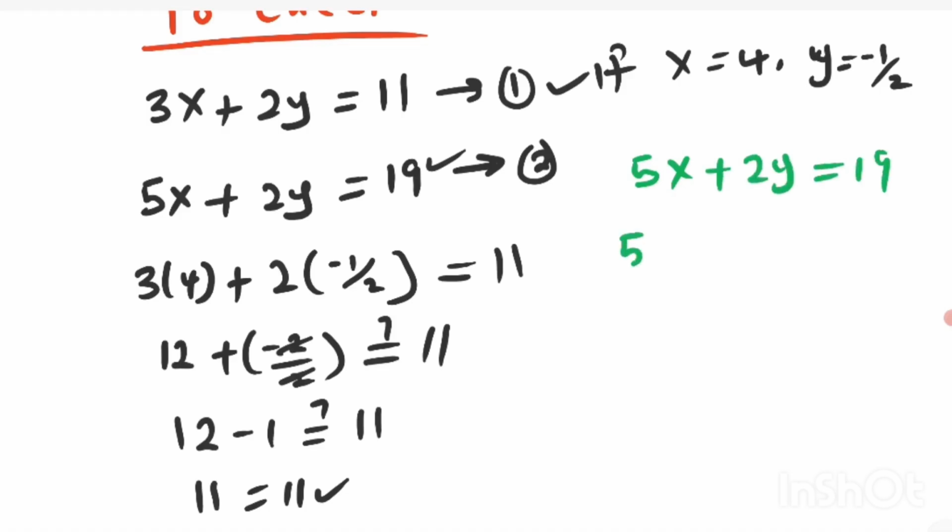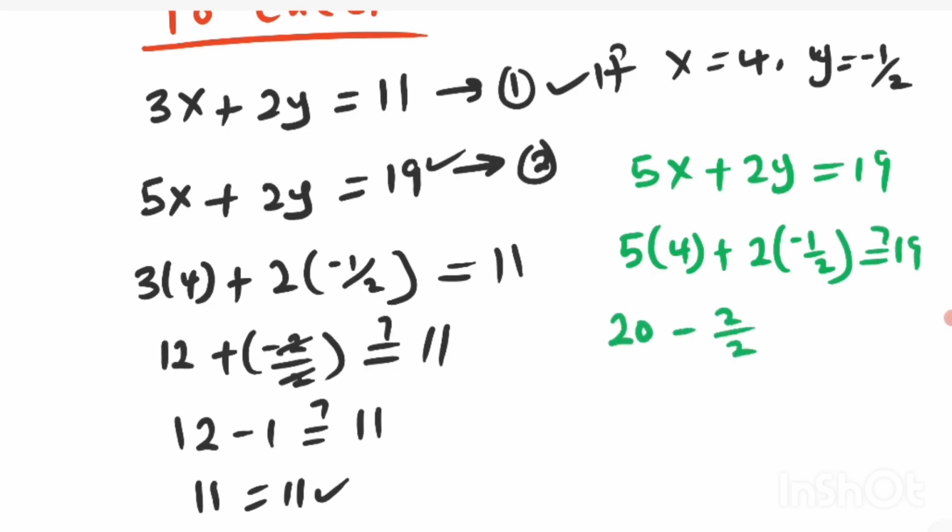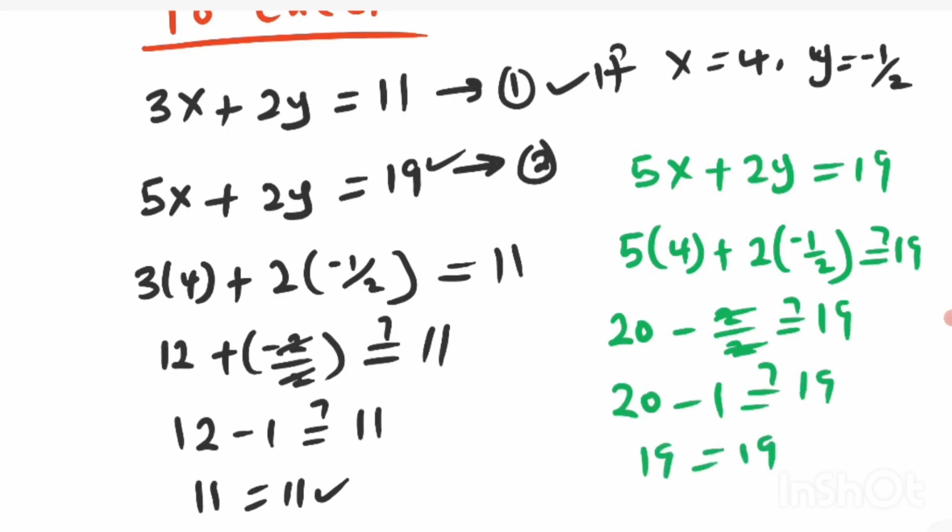And we have 5(4) plus 2(minus 1 over 2) must be equal to 19. 5 times 4, this is 20, minus 2 over 2 must be equal to 19. This is 20 minus 1. That is 19 must be equal to 19. 20 minus 1, this is 19, is equal to 19, which is true.